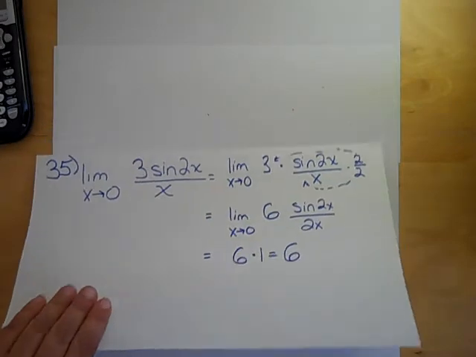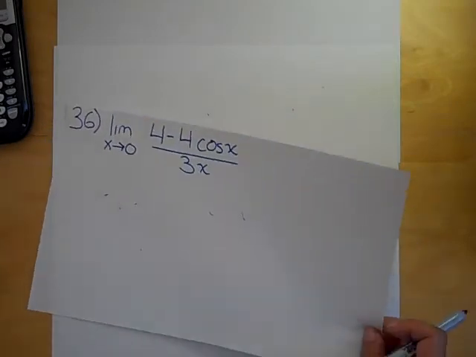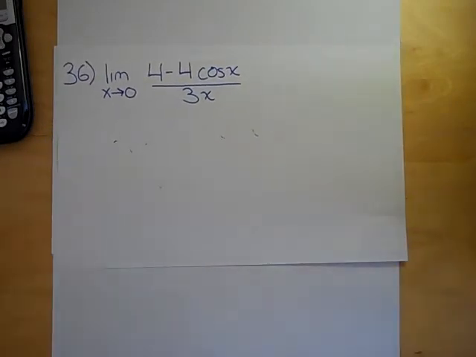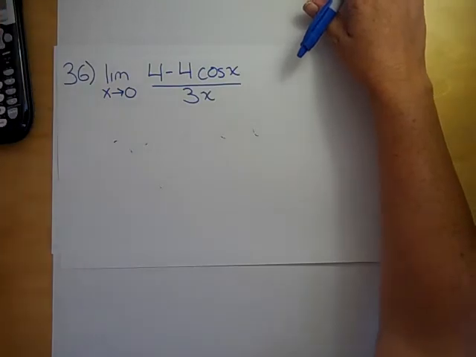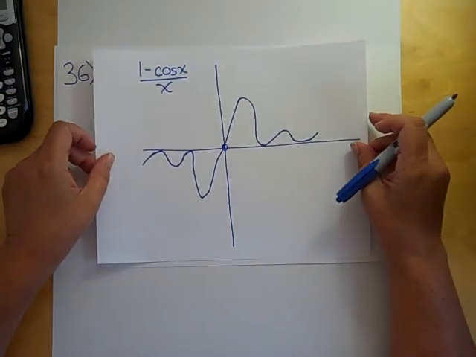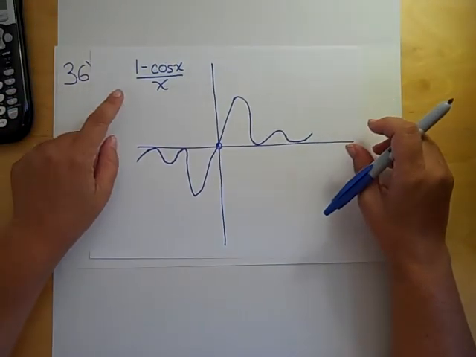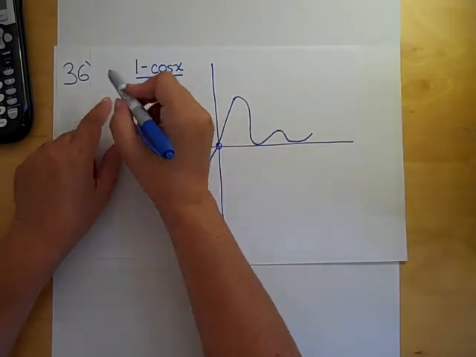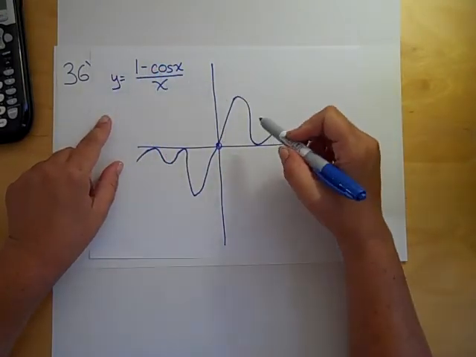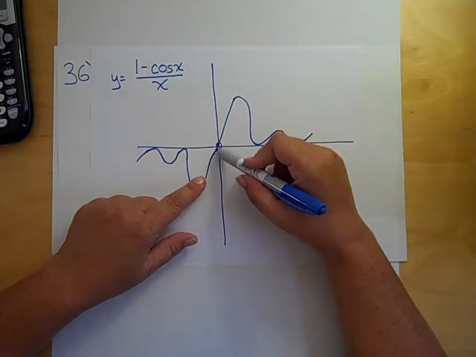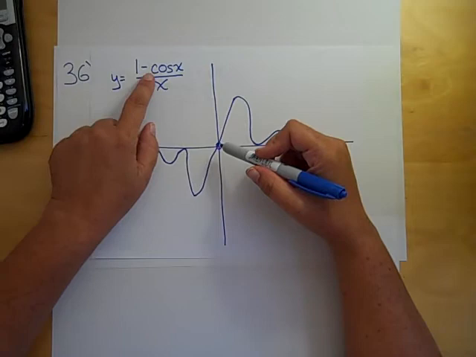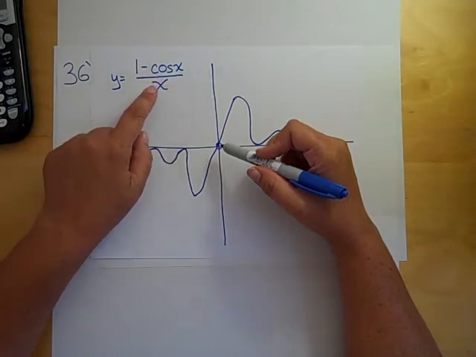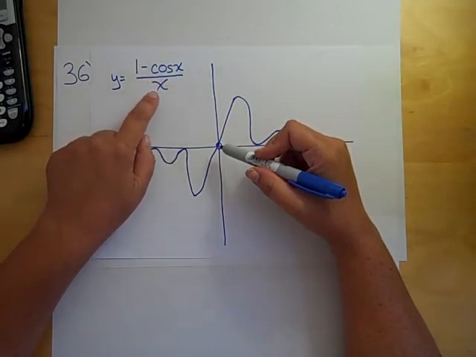Number 36 asks us to look at one that involves our special cosine limit. So for this problem, we would want to know about the special cosine limit. So the graph of 1 minus cosine x over x, pretty cool looking graph actually, but as this graph approaches 0, we get 0 over 0, right? Because 1 minus cosine of 0 is 0, and of course you'd have a 0 in the denominator.